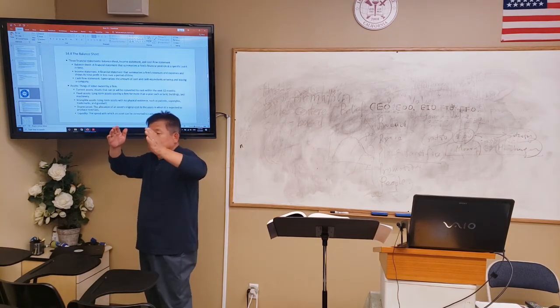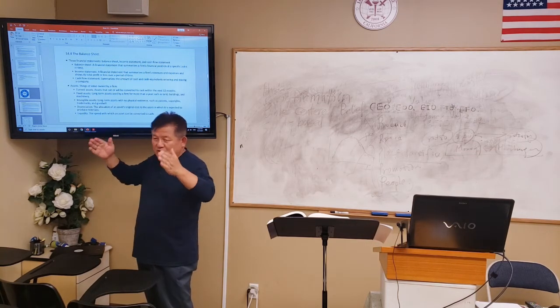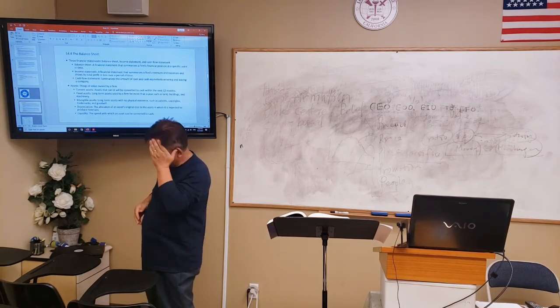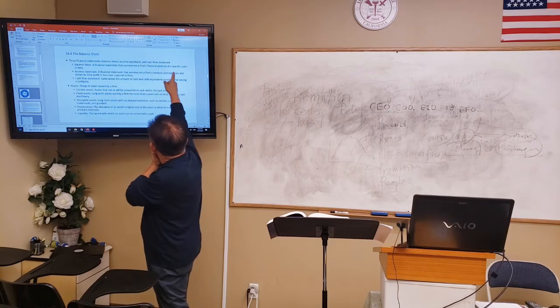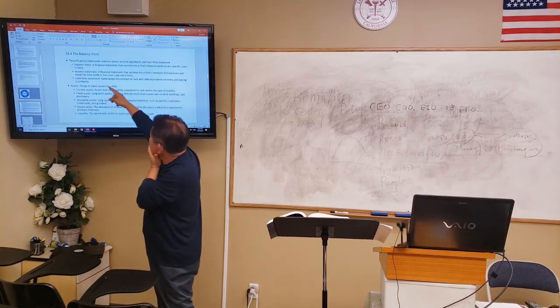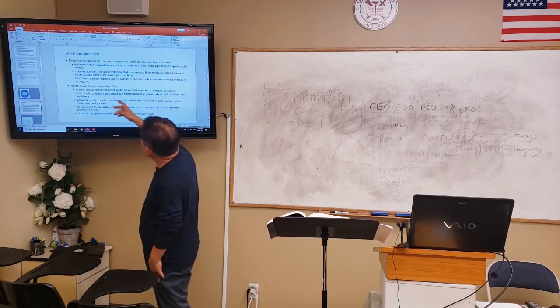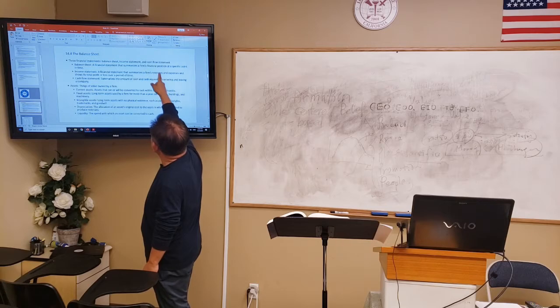Mostly quarterly, mostly annually. January 1st to December 31st means a specific point in time. So quarterly, monthly, annual. So the balance sheet shows the firm's financial position.